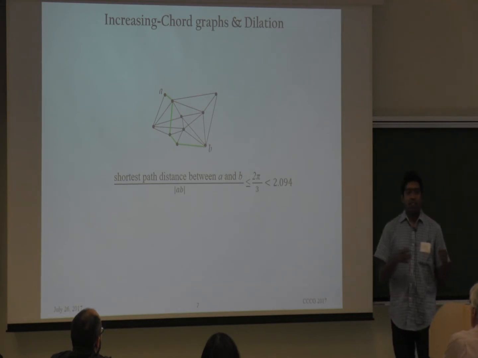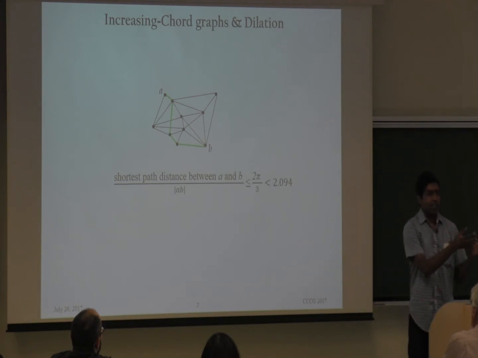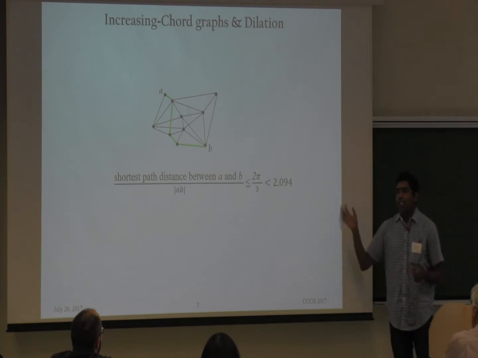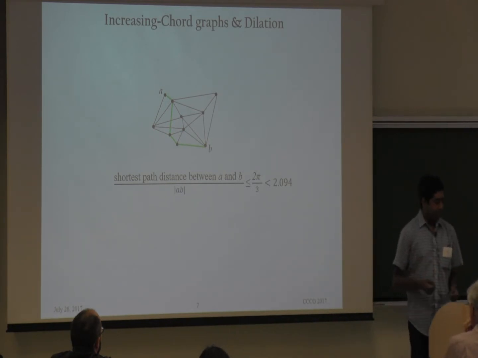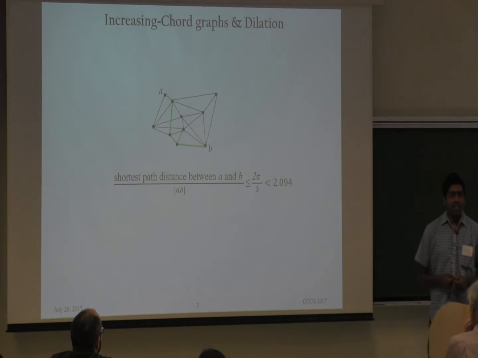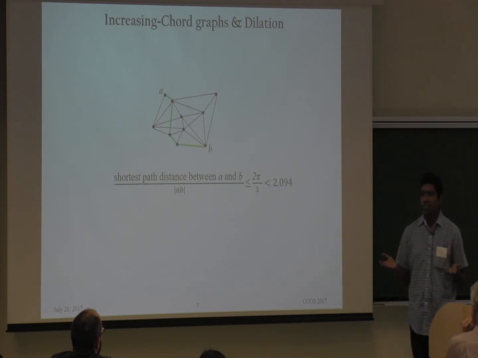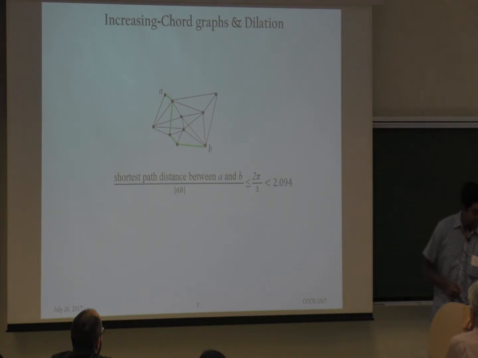If you think of a network, and want to route a message from one point to another, this type of property is very likely to be explored. And it happened that it has been explored in much research. The questions we ask in general geometric graphs, we can ask for increasing-chord graphs too.